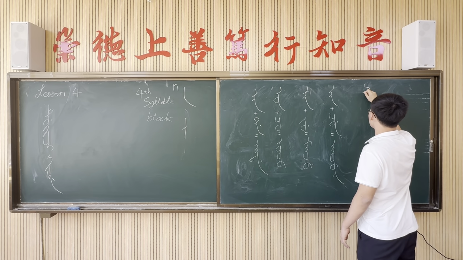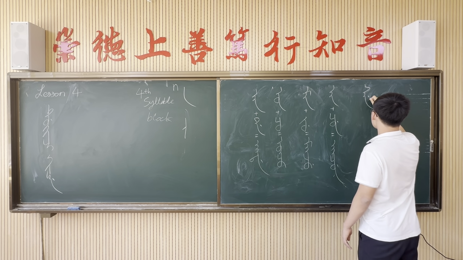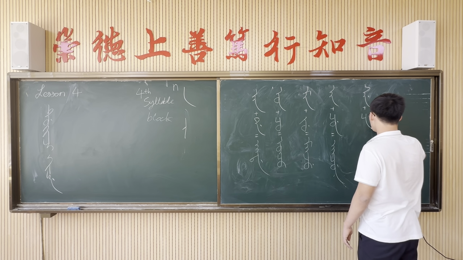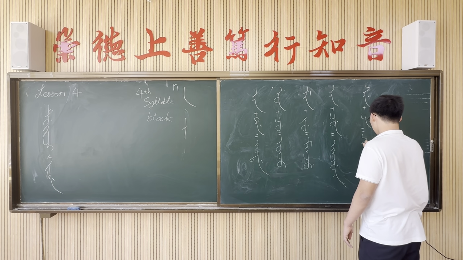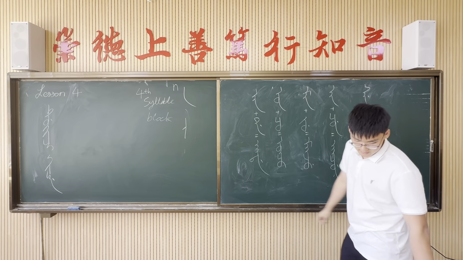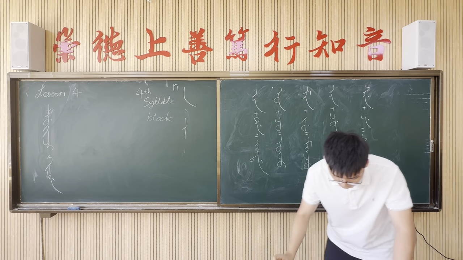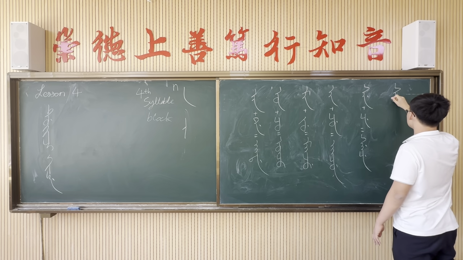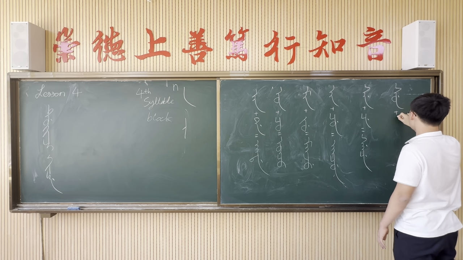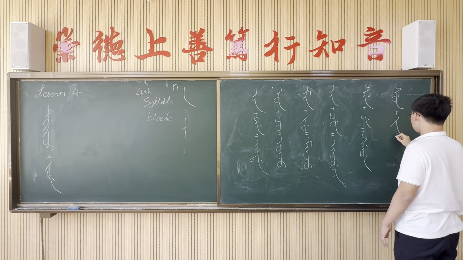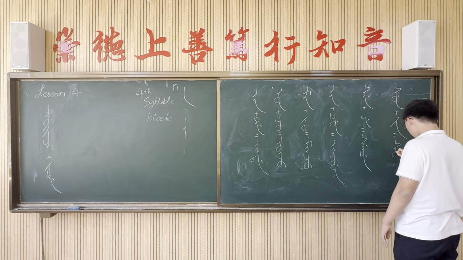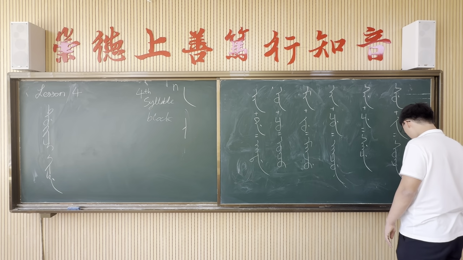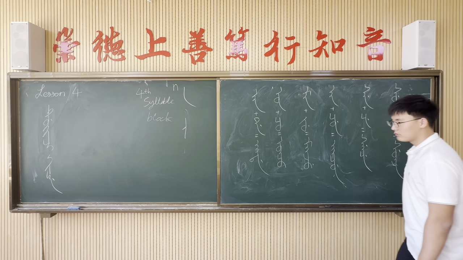So sun plus che. Sun che means mushroom. Last we have sun zha. Sun plus zha equals Sunja. Sunja means 5.